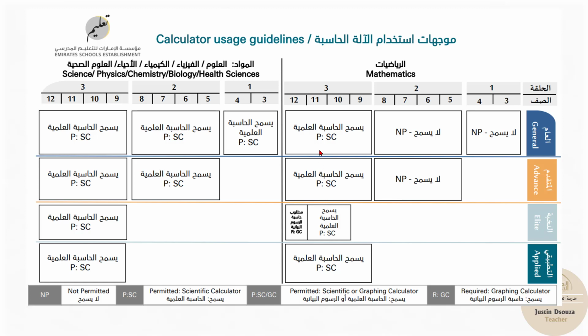Now over here, you can see for math, cycle 3, that is grades 9, 10, 11, 12, the calculator is permitted. That is for advanced. And for elite it's not allowed for grade 9, but general, advanced and applied are allowed, whereas for grade 9 elite, they cannot use a scientific calculator.